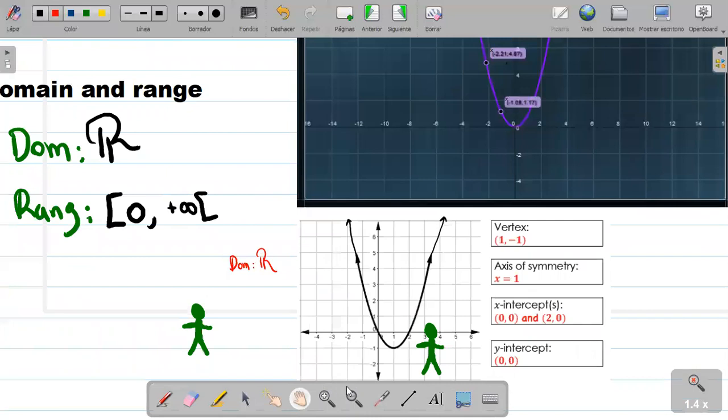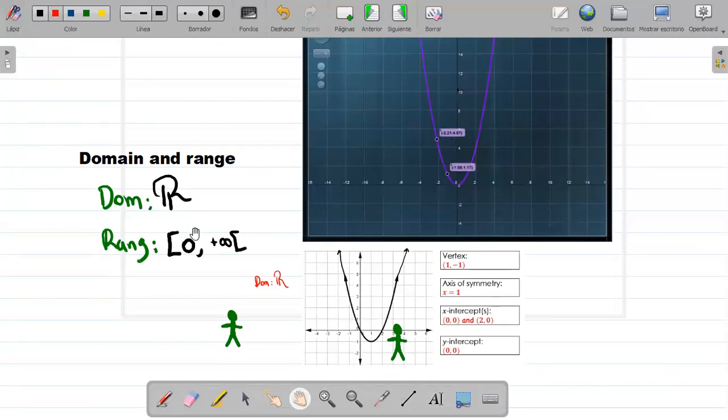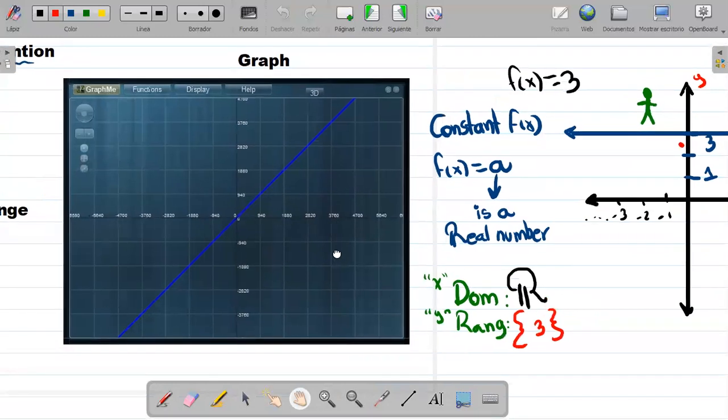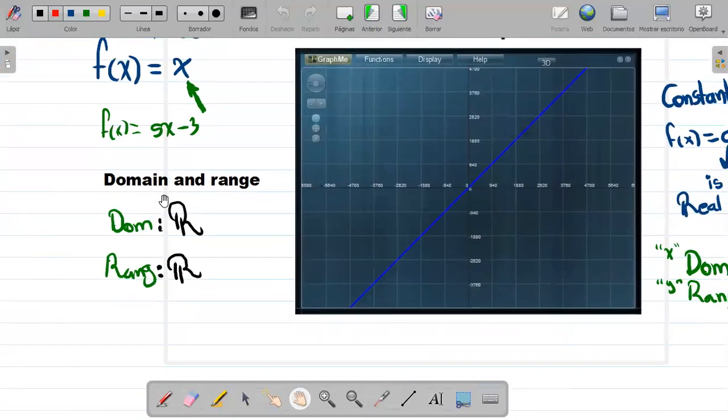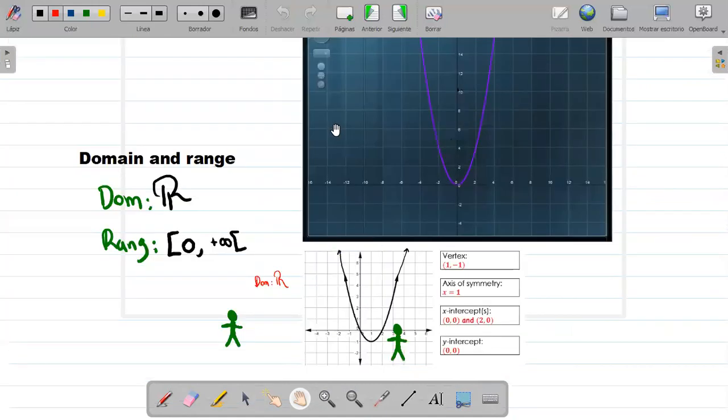It's too common that in the case of the quadratic function, the domain is the real numbers. Like in the linear function, and in the case of the constant function, the domain is real numbers, the range real numbers. Here, something like that: the domain real numbers, but the range not always can be the real numbers in a linear function, specifically in the case of the constant function.